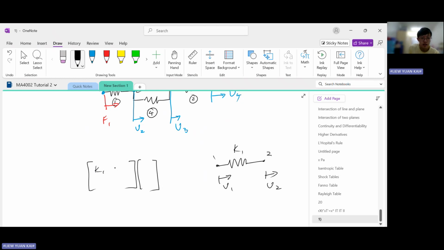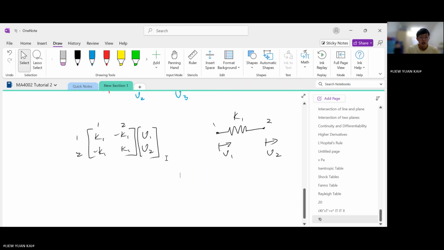Then this will be K1, minus K1, minus K1 and K1, times U1, U2. And then the stiffness matrix here, this is what you call the stiffness matrix, will have labels on its columns and its rows. So here's 1, here's 2, here's 1, and here's 2. Also you might see in the lecture notes there's this other vector here. This vector contains the internal forces, but we're not really going to deal with that. That's not very important. So we're just going to use the bare minimum of what we need for this question.